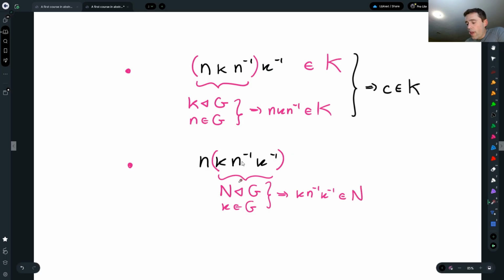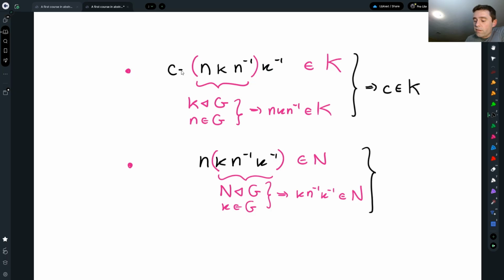Well, first of all, N is a subgroup, so n inverse is in the subgroup N. N is normal, so when I do conjugates, I land again in N. So this is in N, this is in N, and therefore this is in N. The upshot of those two things is that my commutator c is also in N.